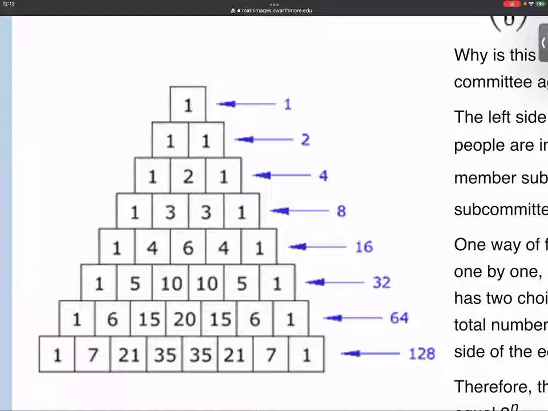What are they? The powers of 2. 2 to the 0 power first, and then 2 to the first power, 2 squared, 2 cubed, 2 to the 4th power, 16, 2 to the 5th power, 32, 2 to the 6th power is 64, and so forth.